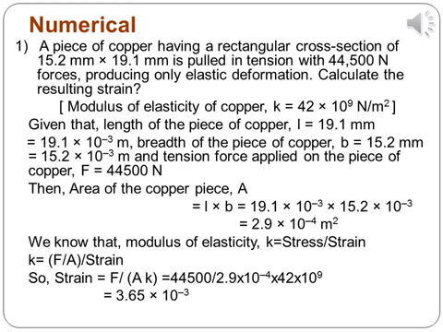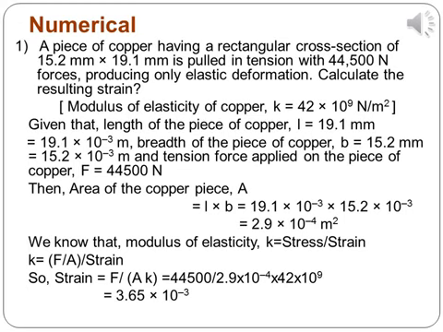And tension force applied on the piece of copper F is equal to 44,500 Newton. Then what should be the area of the copper piece? A is equal to length into breadth is equal to 19.1 into 10 the power of minus 3 into 15.2 into 10 the power of minus 3 is equal to 2.9 into 10 the power of minus 4 meter square.